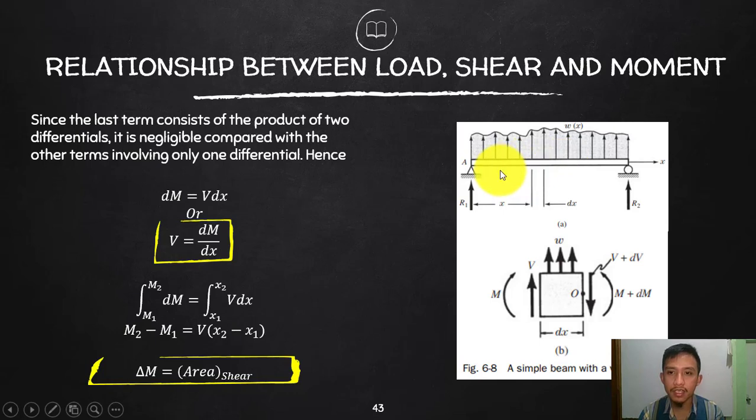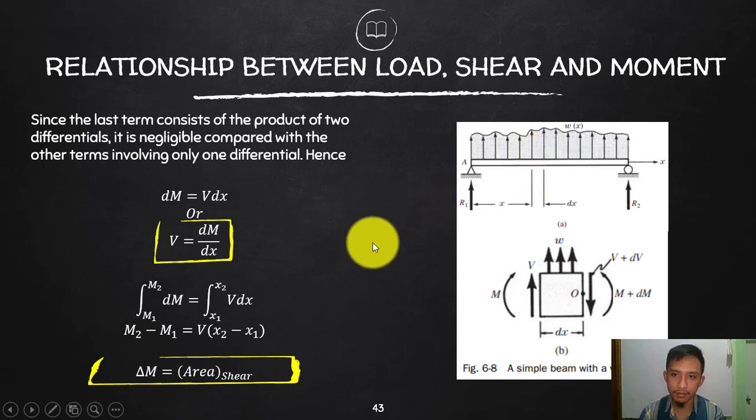Actually, we did that by summation of forces and summation of moment to establish the shear and moment separately, but actually they are related. Once you have the moment, you can differentiate that one and you will end up with the shear equation. Or the other way, once you have the shear equation, you can integrate that one to have the moment equation.